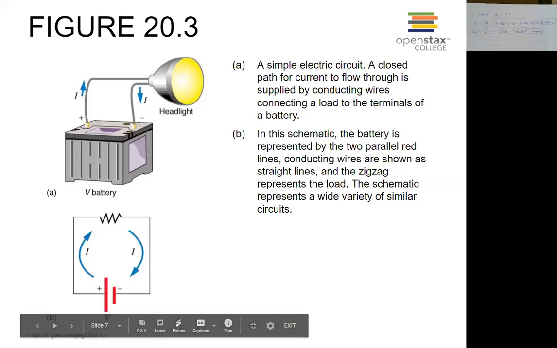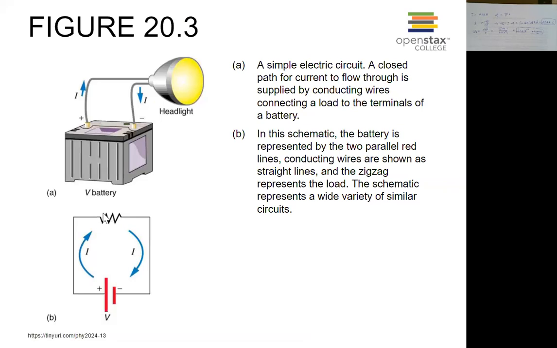You can treat the light bulb as a resistor, so this is the symbol for a resistor. Some textbooks use just a rectangular box for a resistor. So this can be drawn with positive and negative here, but instead of a zigzag line, you might see just a rectangular box.